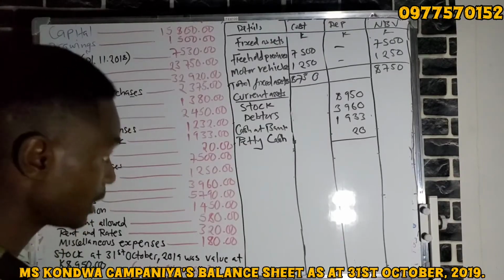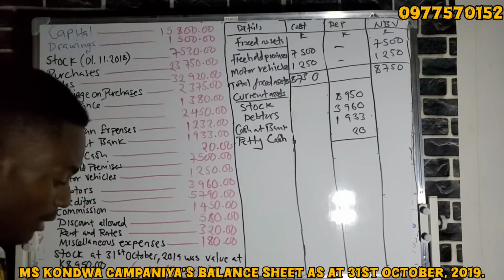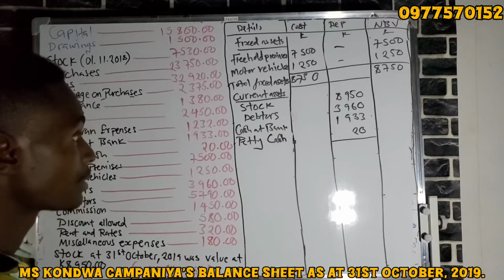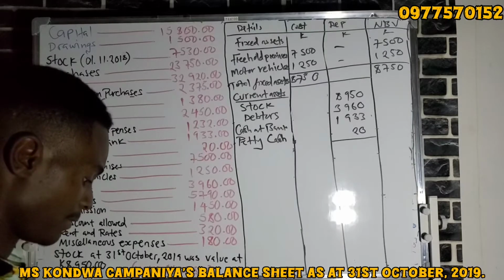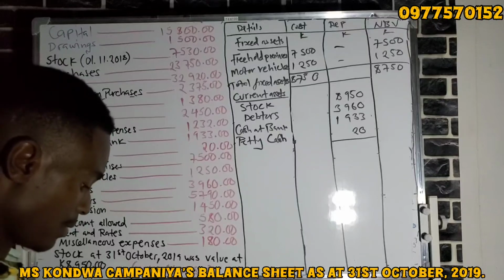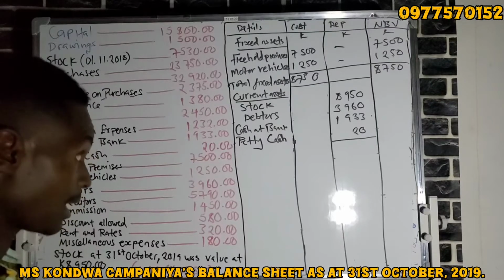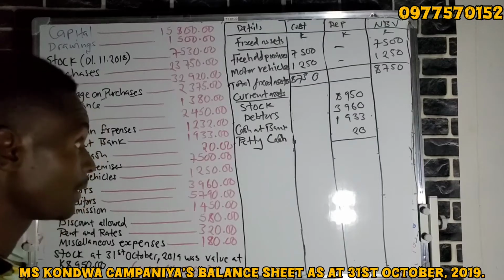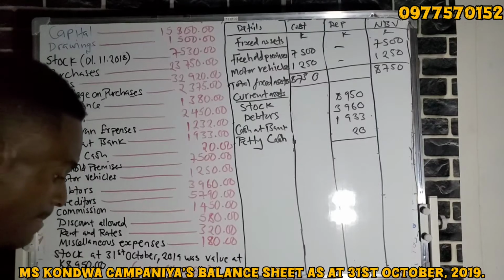Then you are going to add. Let's add them. When you add, stock is 8,950 plus 3,960 plus 1,933 plus 20. 1,933, that is cash at bank.